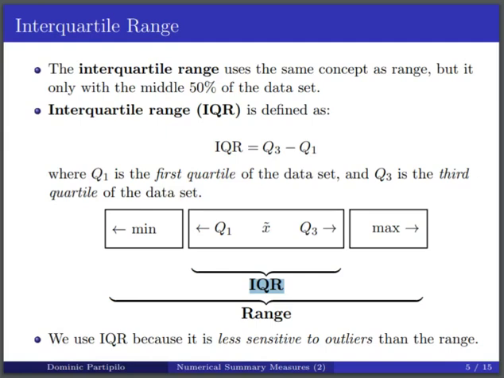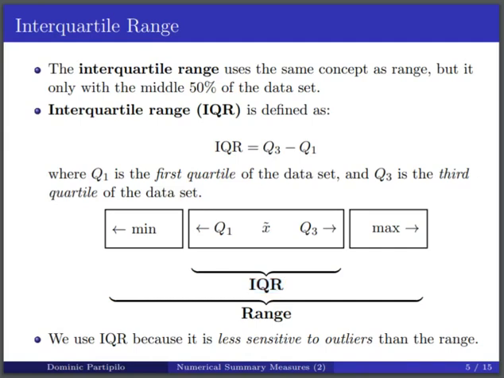If we have all these data points that are really close together, and then one crazy outlier way off in the middle of nowhere, it makes it seem like the data points are really spread out when in general, most of them are not. So we use IQR because it's a lot less sensitive to outliers than the range.